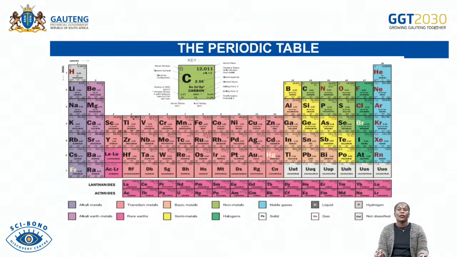The periodic table just gives us a layout of how these elements are placed. Remember, we spoke about how they have a simple charge based on how they are placed in the periodic table. So this is our group 1 that we're speaking about. Remember, we said group 1, group 2, group 13, 14, 15, 16, 17, and 18.